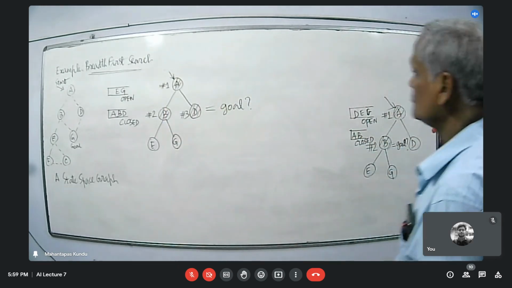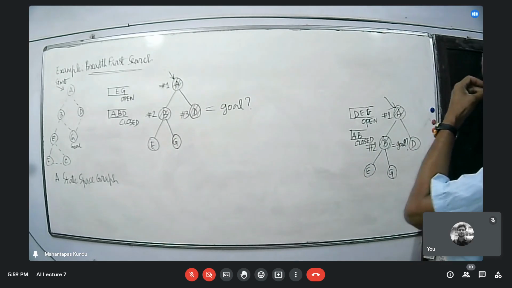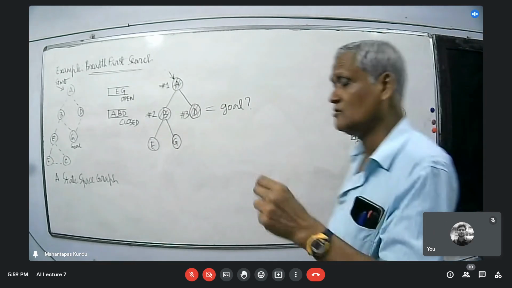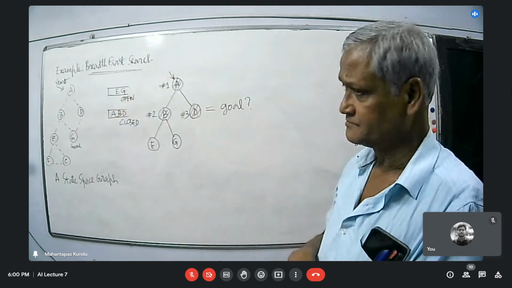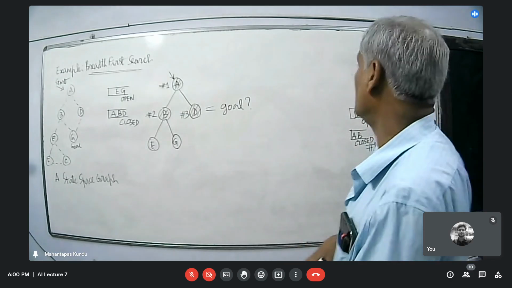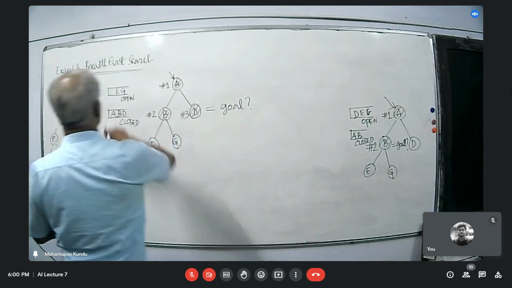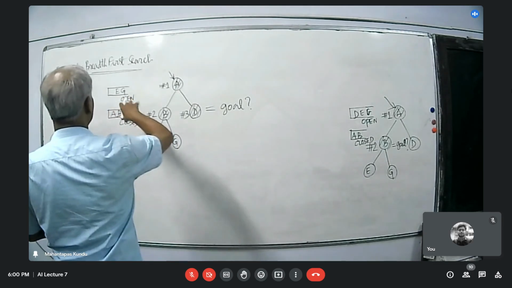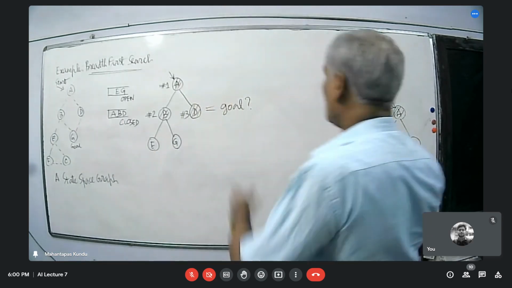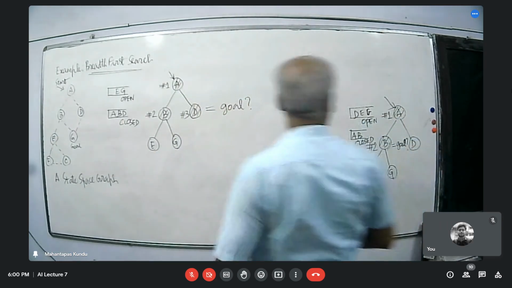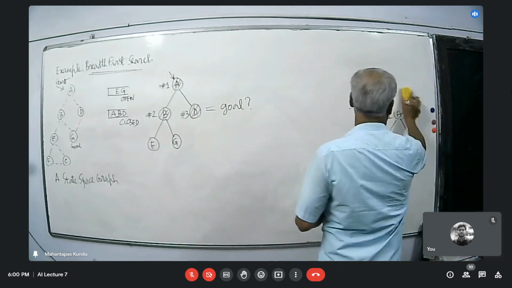So what will this algorithm do? It will go to step 1. And in step 1, it will select a node from open list of lesser depth. And E is one such node. So next time E will be selected.